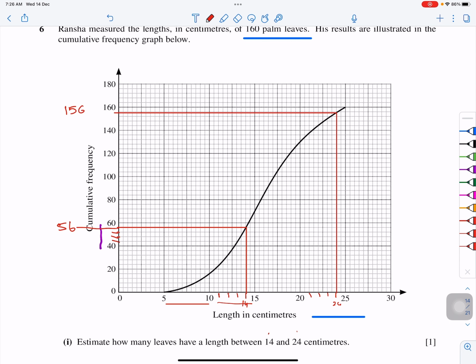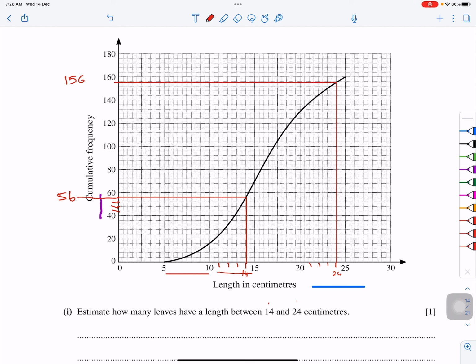So if the question is saying estimate how many leaves have a length between these, it means these are the leaves from here till here we have to count. So I can say 156 minus 56, which is equal to, you can use a calculator, 100. So there are 100 leaves.